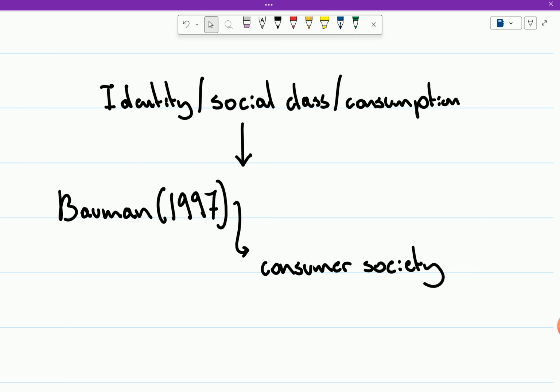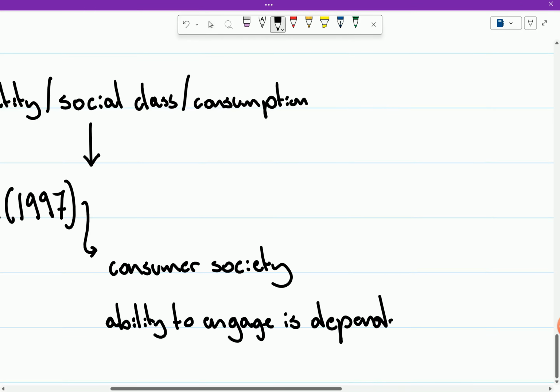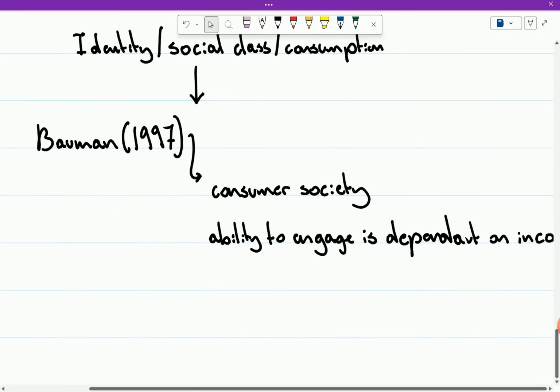Many engage in consumer society, and our ability to engage in it is dependent on our income. All right, so it's dependent on income. So then we bring it back to the points we raised earlier.